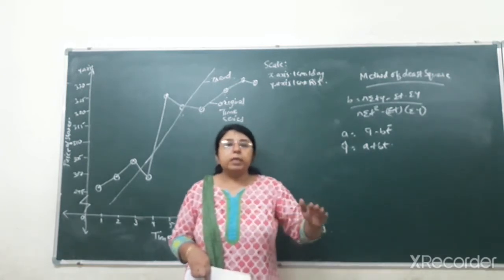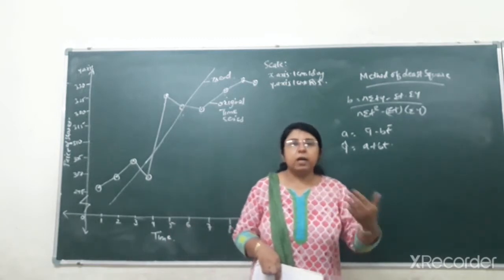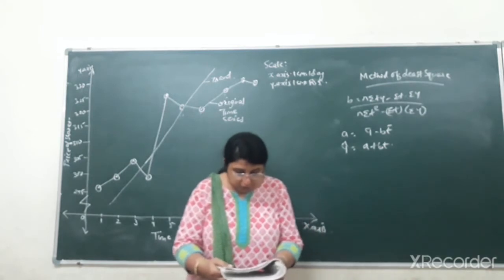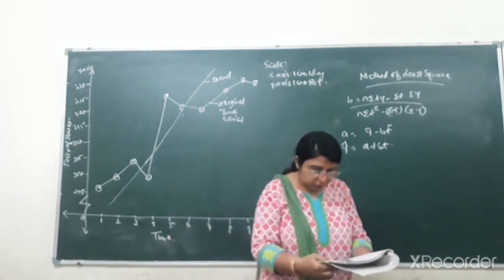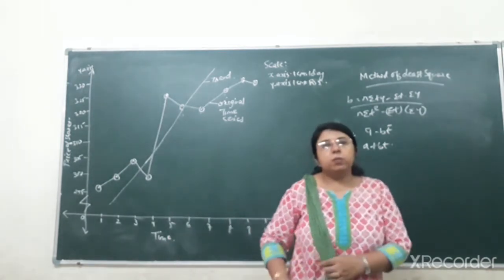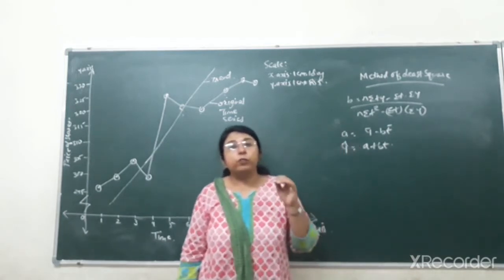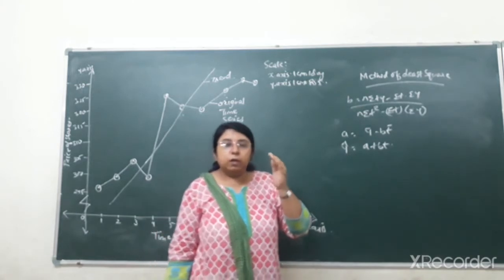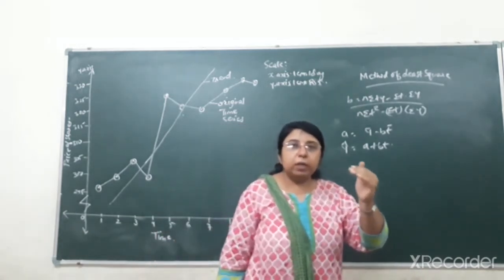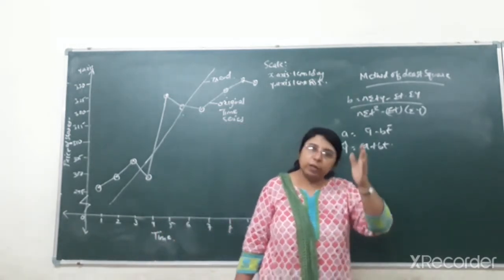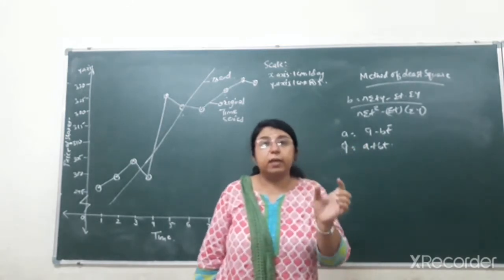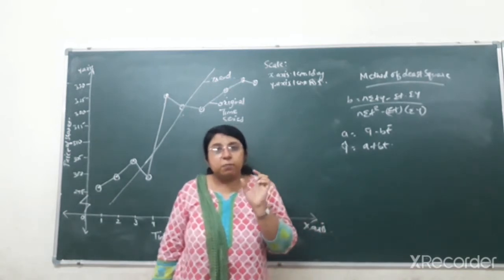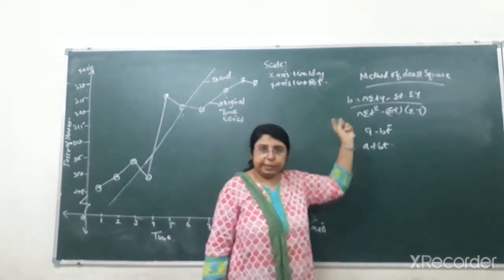So uniformity can be maintained between the answers of each and every person. The next one, that is the trend estimates can be obtained by this method for each of the given values of t. It means you can find the trend value of each and every time period. It means if the data is given from 2001 to 2002, 2003, for all the time periods you can find the trend estimates.